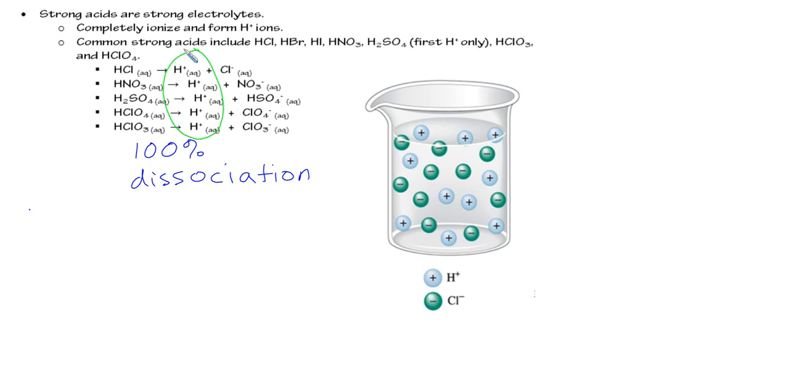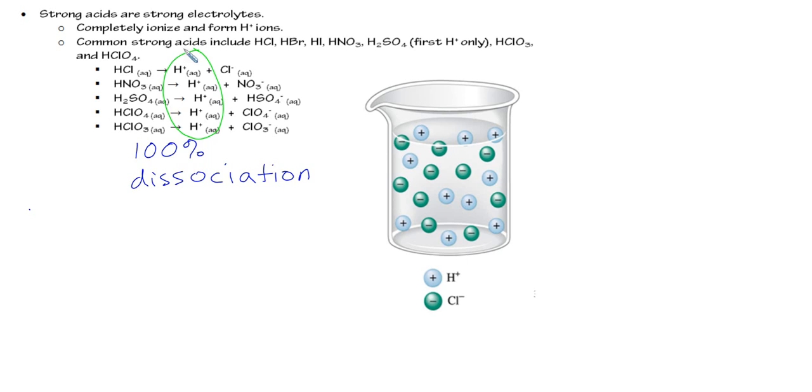So again, here's what I'm thinking in my head when I picture a solution of hydrochloric acid, with the water molecules left out because they're not really changing in any way. I picture positive hydrogen and negative chlorine ions just swimming around in the water. These are all other good examples of strong acids: nitric acid, sulfuric acid, only the first hydrogen.